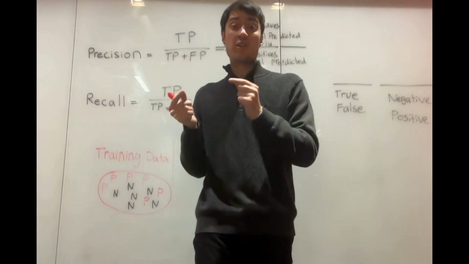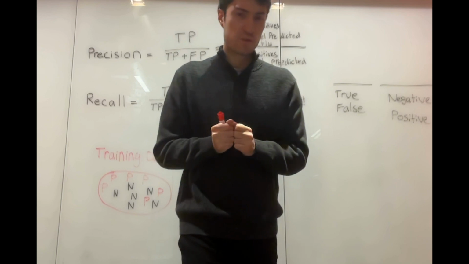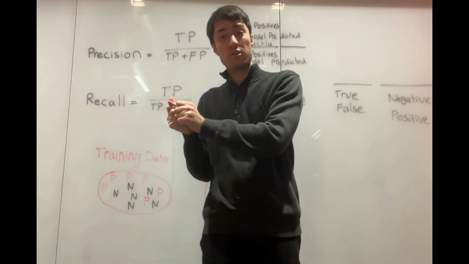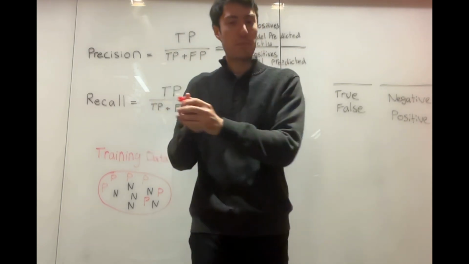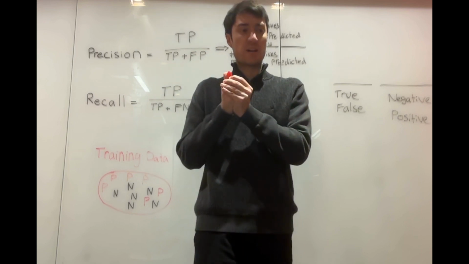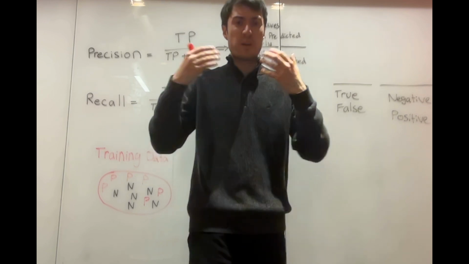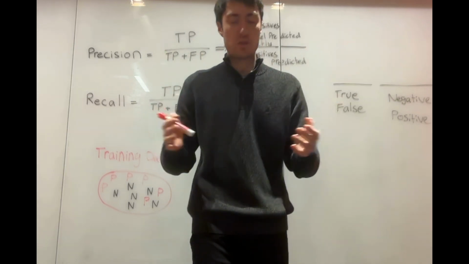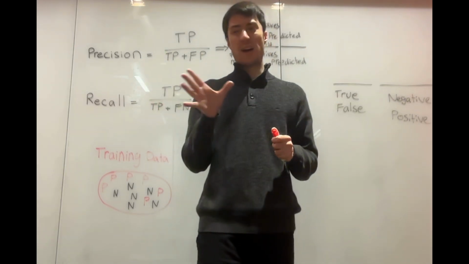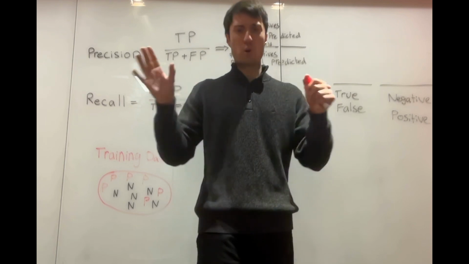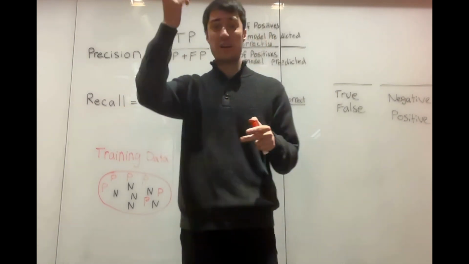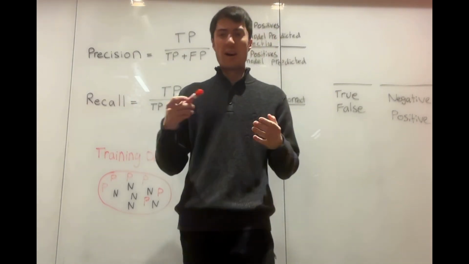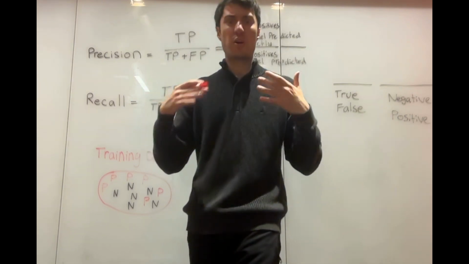So these are the two different metrics, and you can start to think about, okay, in which scenario should I pay more attention to precision, and in which scenario should I pay more attention to recall? Am I really worried about going too far and saying that everyone has cancer, or am I having some kind of warning system that's always going off, like a fire alarm, right? I don't want my fire alarm to always be going off.